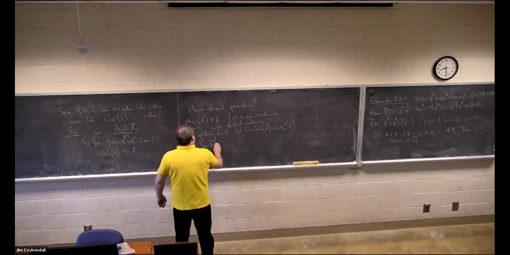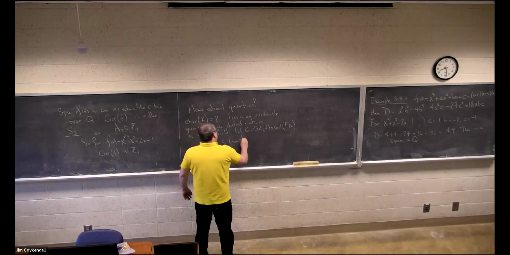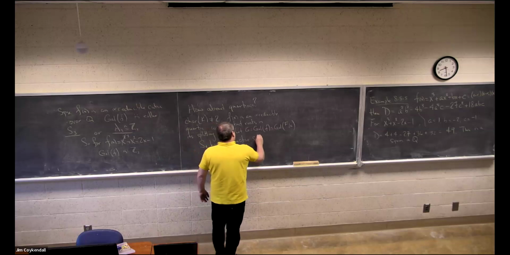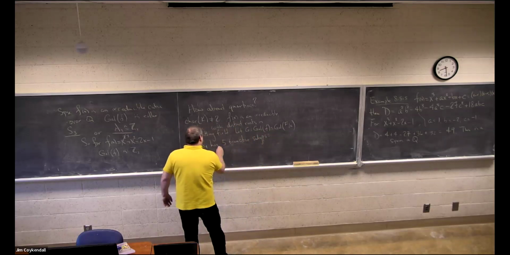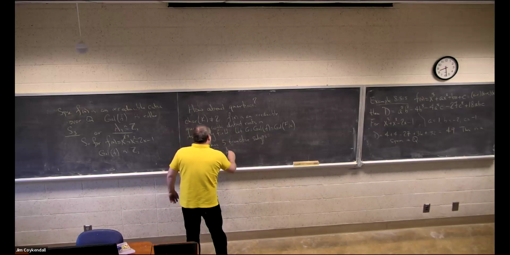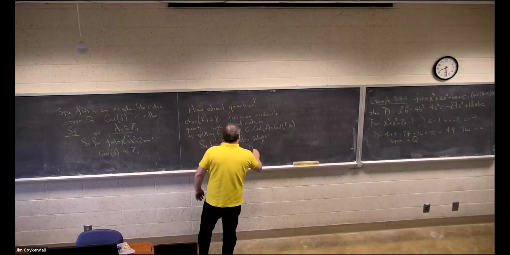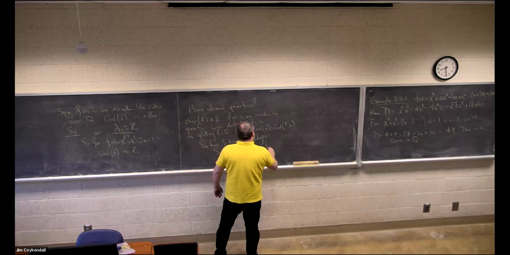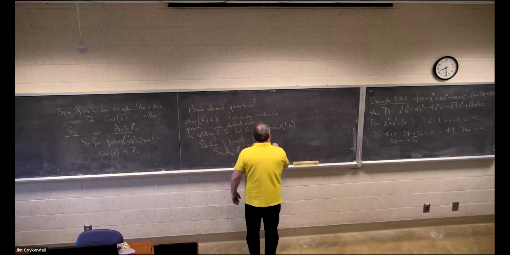Now, S4 has 5 transitive subgroups. They are S4, A4, Z4, D4, and B. I'm going to call it B. It's just notation.